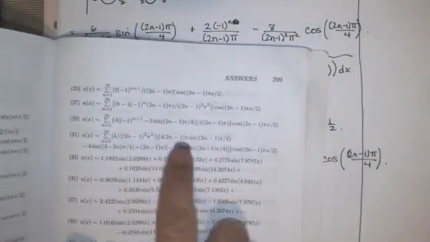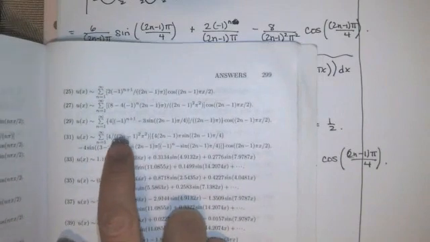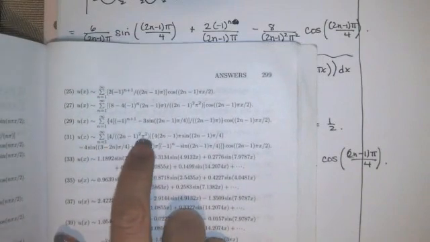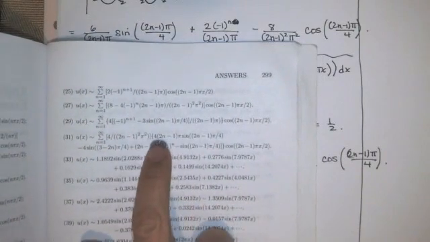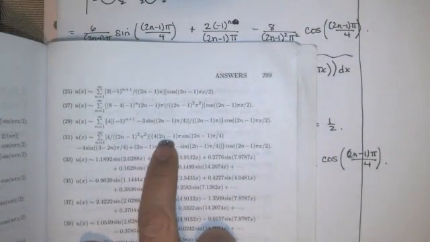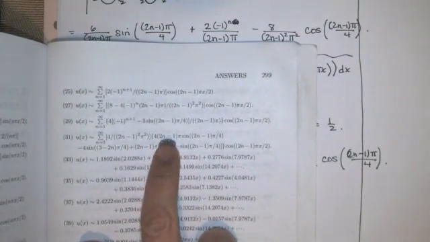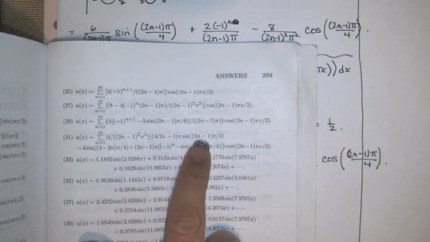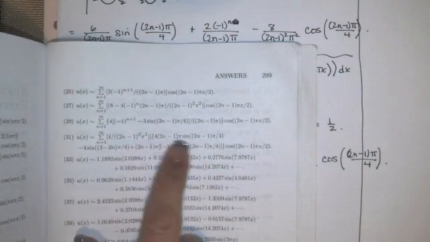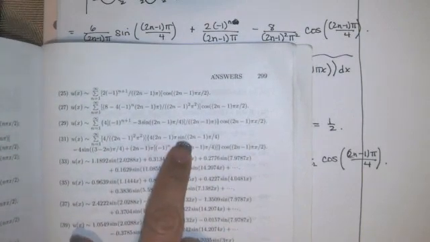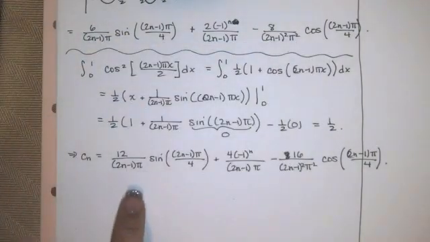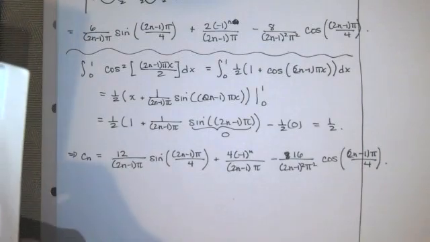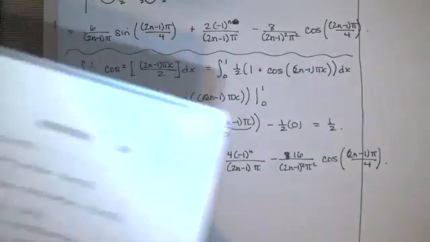But if you do the simplification, you can see that if I take this and multiply it by 4 times (2n minus 1) times pi times sine of these odd multiples of pi over 4, if you actually do that computation, I don't get exactly the same term that I have right here.